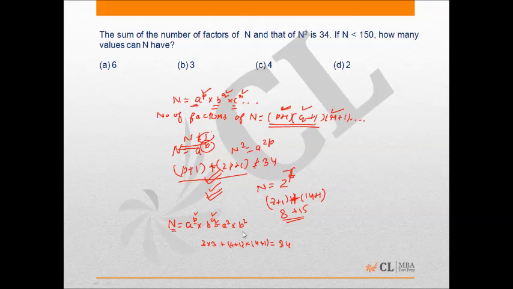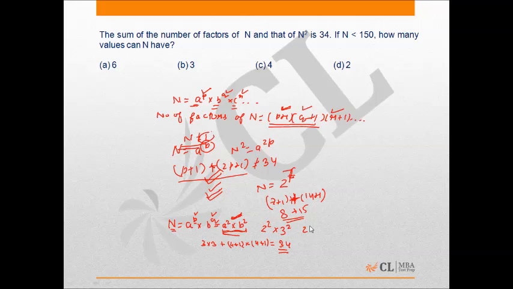From here it is obvious that a number of this form will have the sum of the number of factors of n and the number of factors of n square as 34. So let's check how many different values of n are possible when it is of the form a raised to power 2 into b raised to power 2, such that it is less than 150. So first is the number 2 raised to power 2 into 3 raised to power 2.